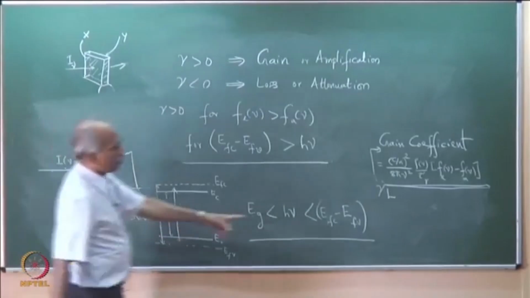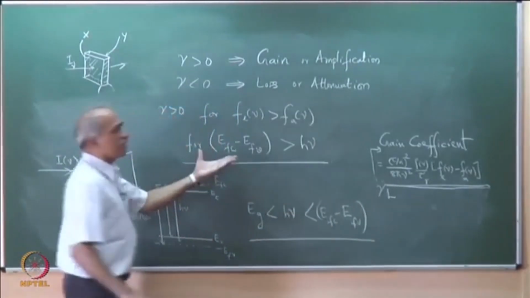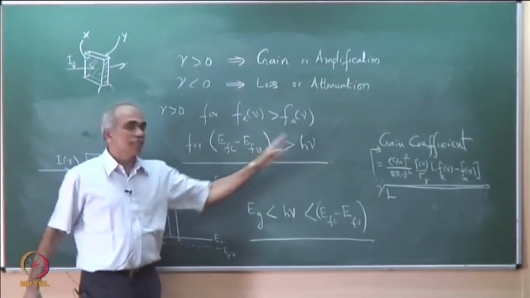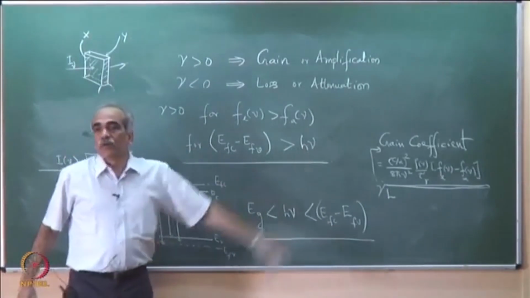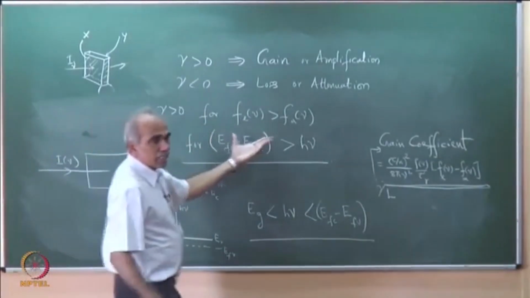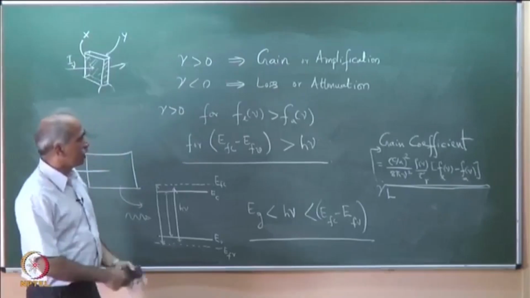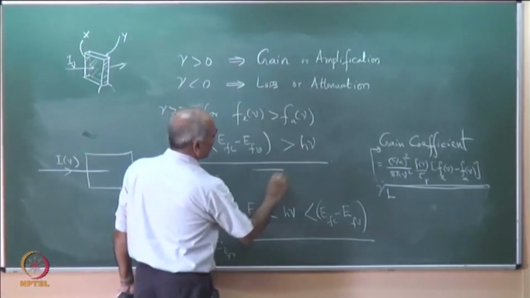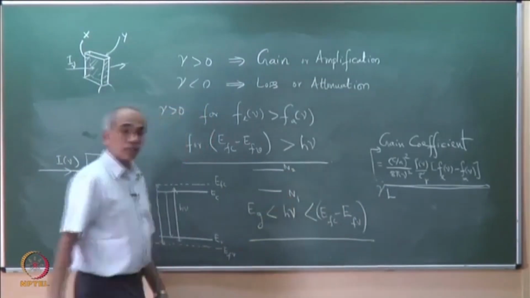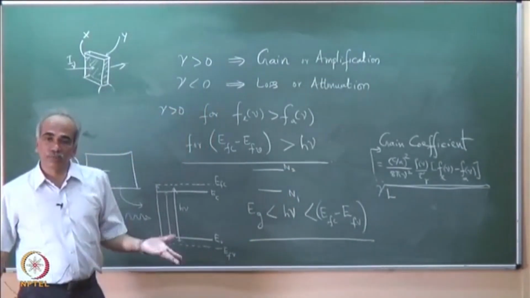So, E f c minus E f v. So, this is the condition for gain. We have analytically shown that this is the condition for gain in a medium. Those of you who have studied atomic laser physics know that there you have to have n2 greater than n1, a state of population inversion.